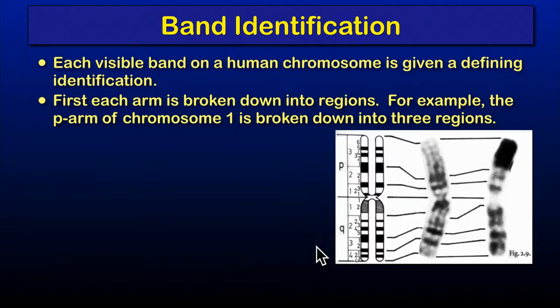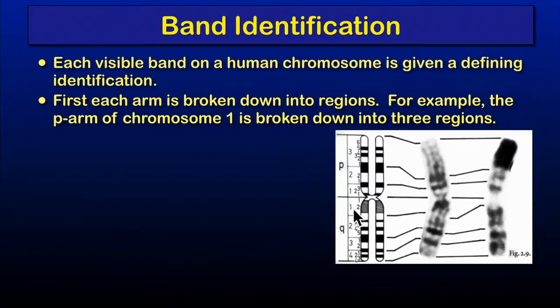The same Paris Convention basically gave us this designation as well. Another thing about regions is everything originates at the centromere and radiates outward toward the telomere. So region 1 on the P arm is closest to the centromere. Region 1 on the Q arm is closest to the centromere. Then it goes region 2, then it goes region 3.